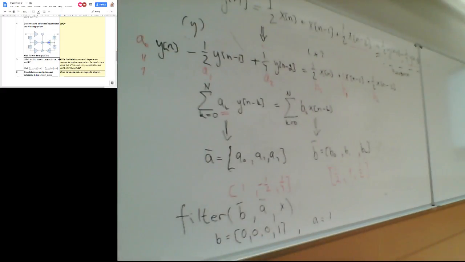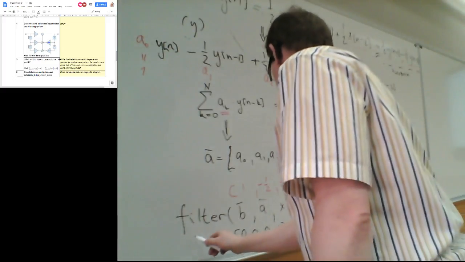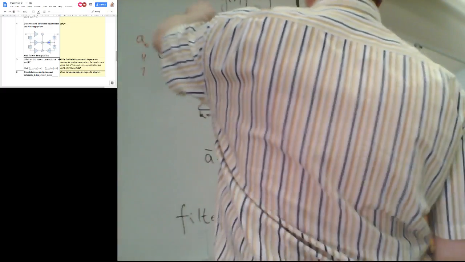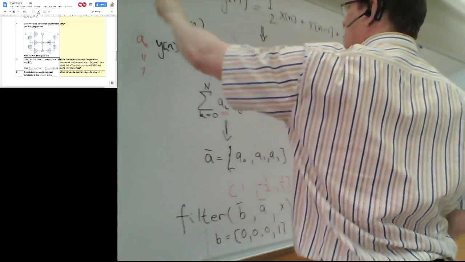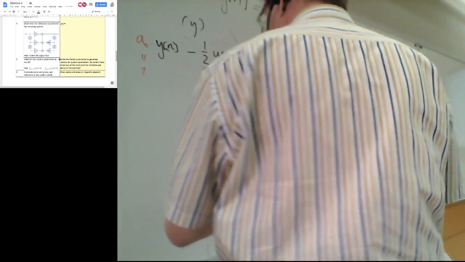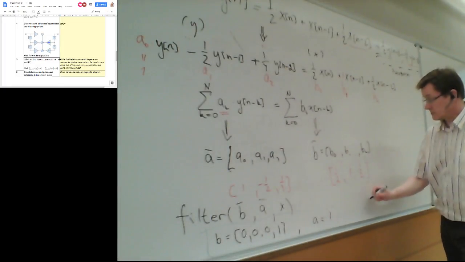So the 3 time step delay we had: on the left hand side I have 1 times y of n.